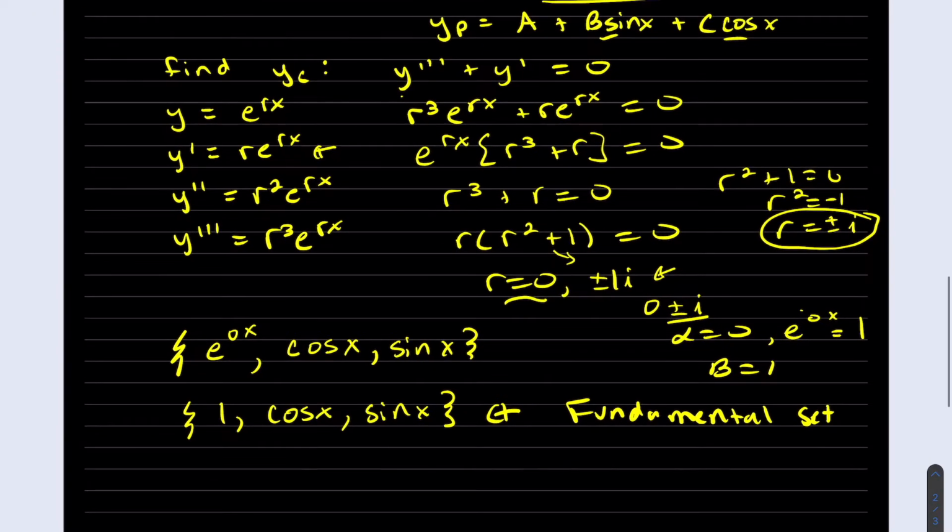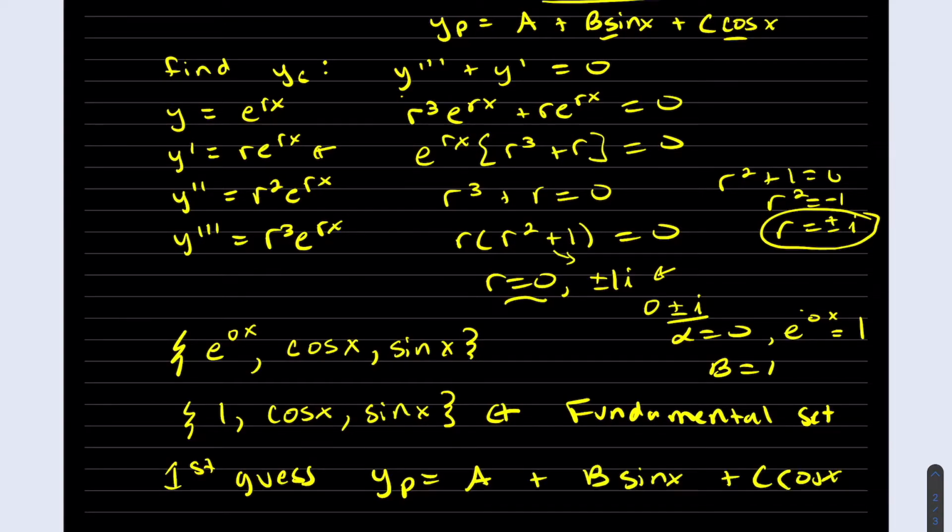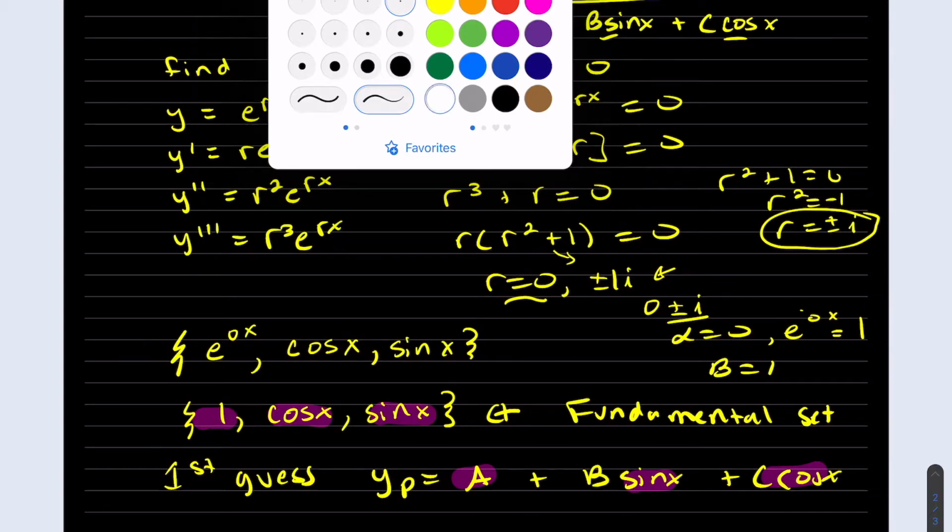Now we take our raw guess. Remember our first guess is yp equals a plus b sine of x plus c cosine of x. We can see every single one of these is not independent. So we want to multiply by x.